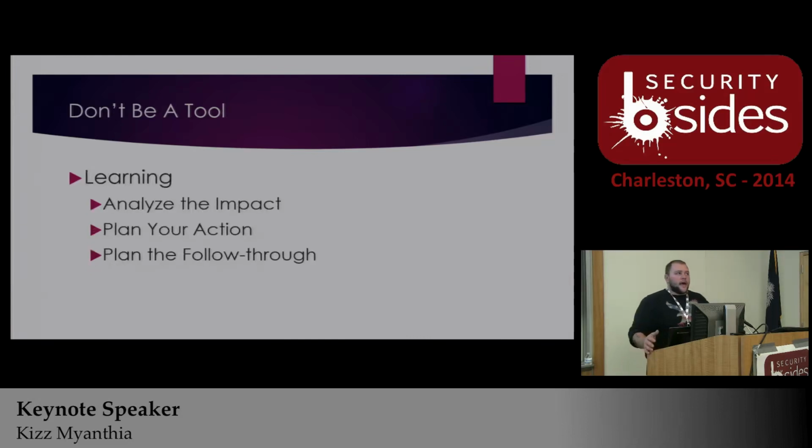So, and then once we have our data, right? We have all of our data. We have our feelings. We have our ideas. We have the understanding of both sides. This is where we start the learning phase. This is where we can understand what we have, what the risk and the impact is. We can determine whether the impact is going to cost the organization money or if it's just going to hit users or what have you.